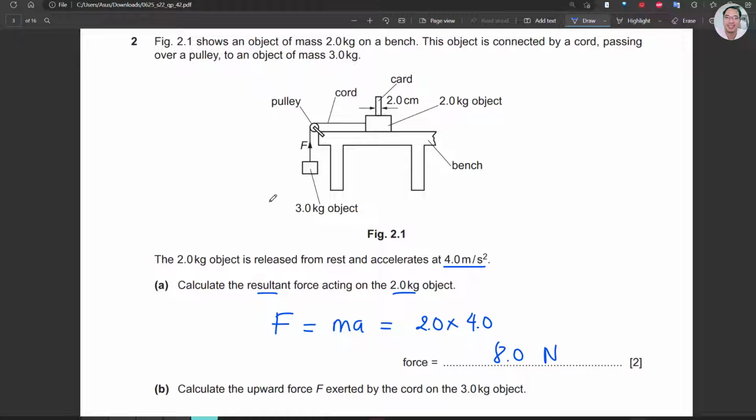To find the upward force, meaning this force F, we need to use the net force. The net force on this object is the difference between the weight and that upward force. The weight must be greater than the upward force, so that the net force is downward, to accelerate this object downward.